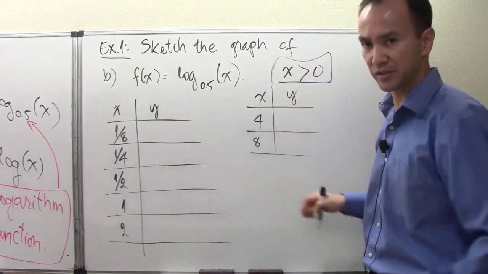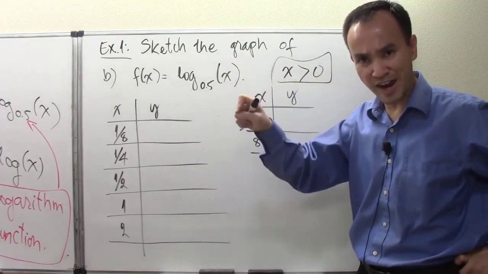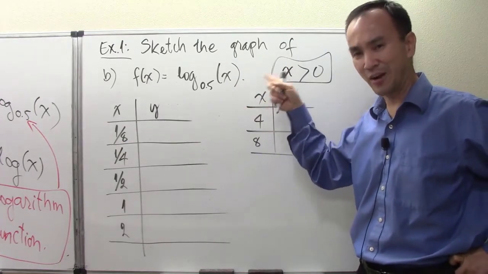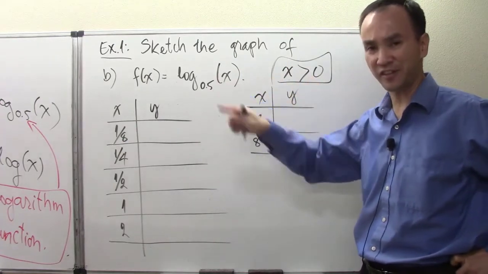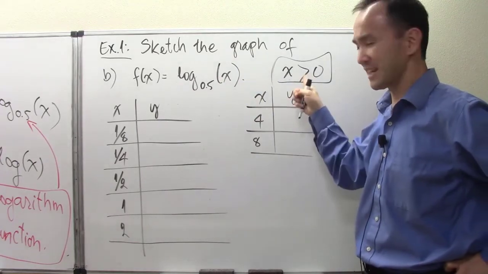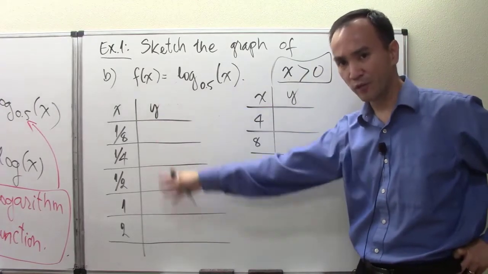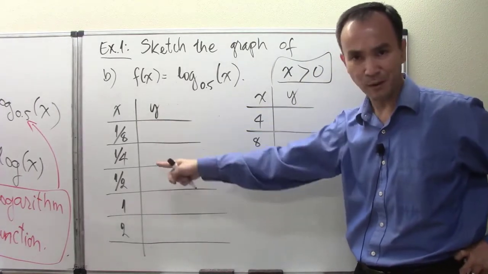I suggest this, but you can use a calculator to quickly try out a negative value and a 0 value for this function and experiment for yourself. We only take positive inputs, and that's why my table of values only lists positive inputs.